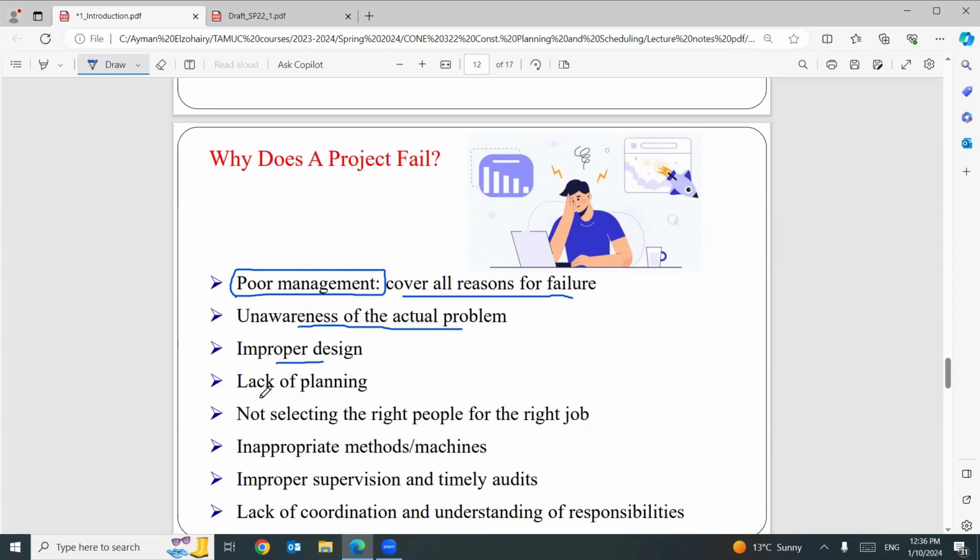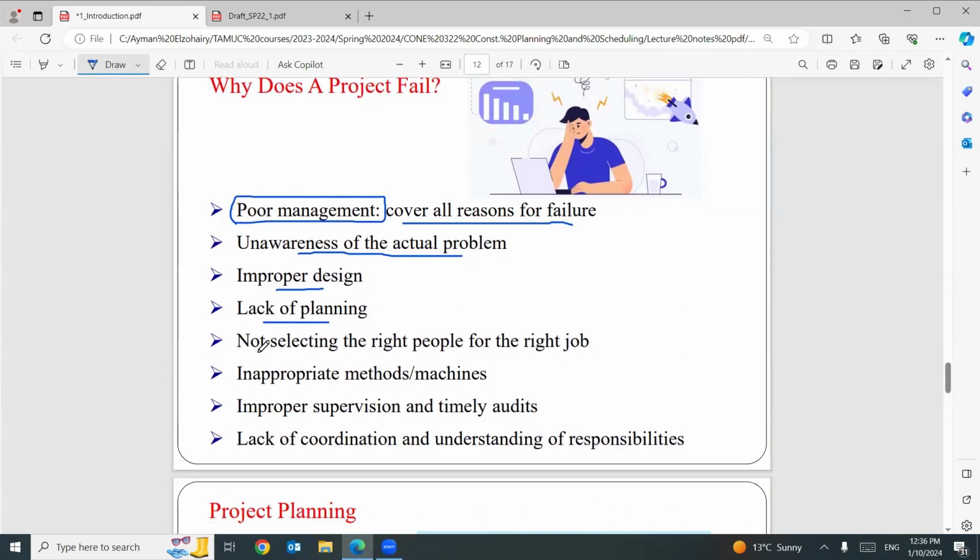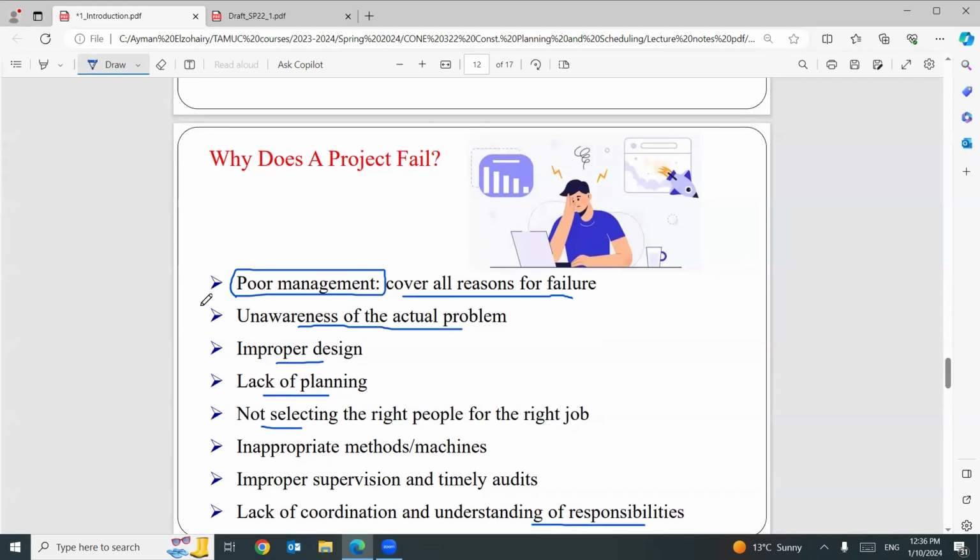Improper design, you have errors in the design, mistakes, lack of planning, you did not plan well, not selecting the right people for the right job, inappropriate methods or machines, improper supervision and timely audits, lack of coordination and understanding of responsibilities. As a project manager, you did not specify the responsibility for each person. That makes sense? So these are the reasons why your project will fail.